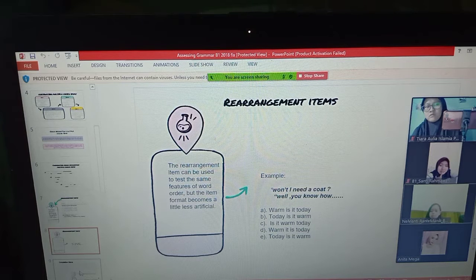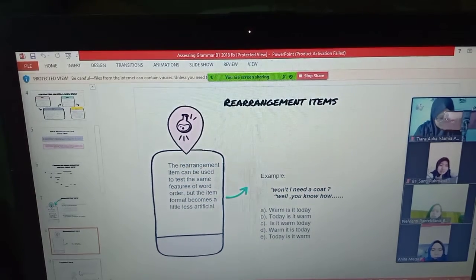Artinya penataan ulang atau menyusun ulang di sini dapat digunakan untuk menguji fitur urutan kata yang sama, tetapi format item atau bentuk kalimatnya menjadi sedikit kurang artifisial, atau dengan kata lain, kata artifisial di sini adalah sengaja dibuat atau tiruan dari arti yang sesungguhnya.